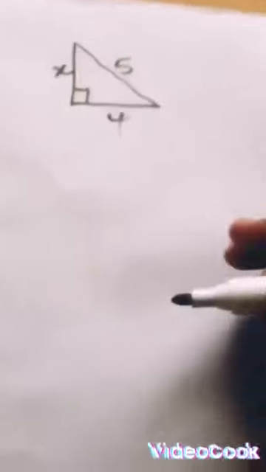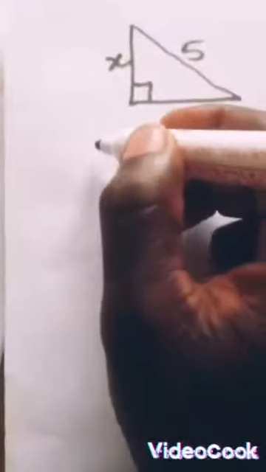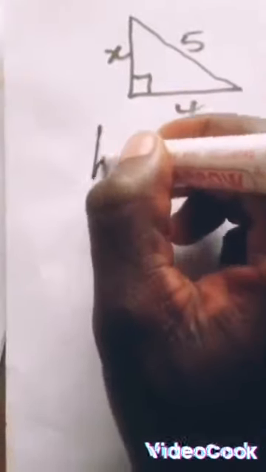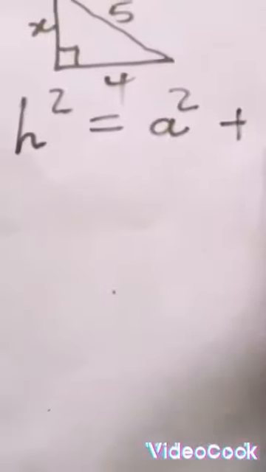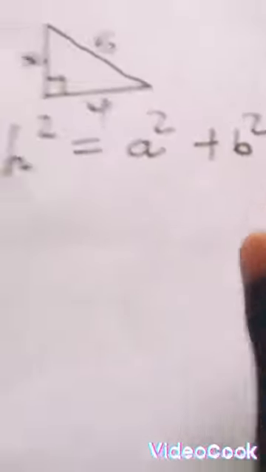How do you find the value of x? Remember that in a right angled triangle, the hypotenuse must be another side squared plus another side squared, which is a squared plus b squared, right?